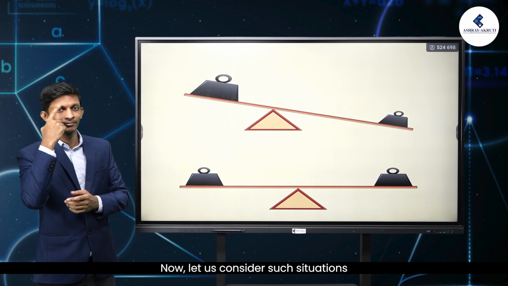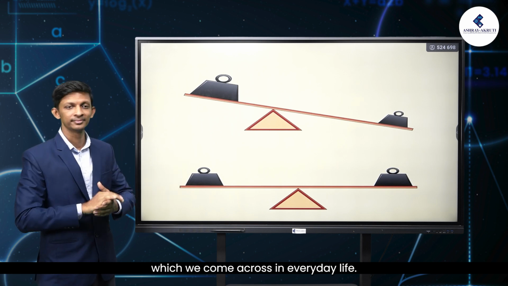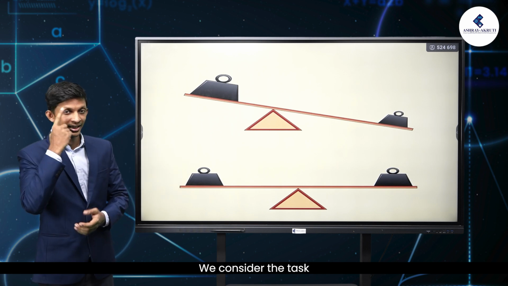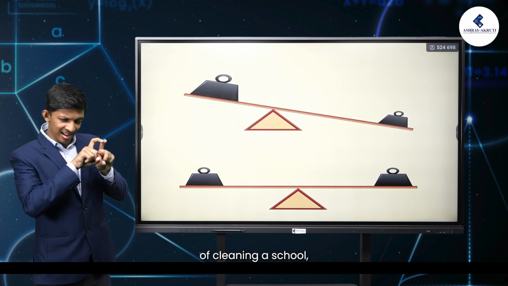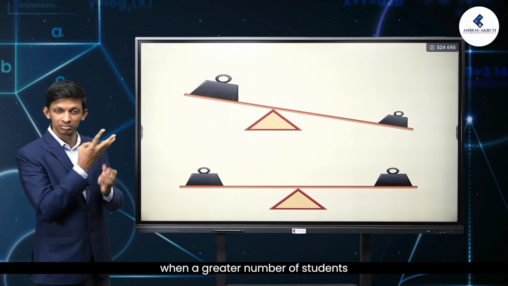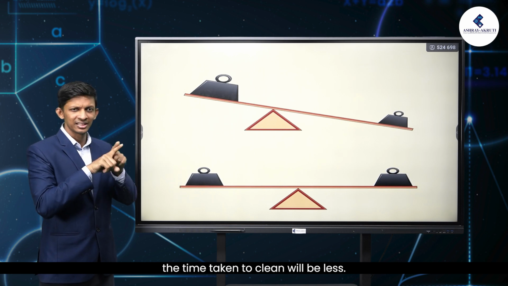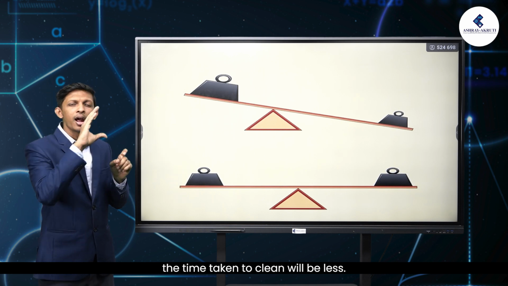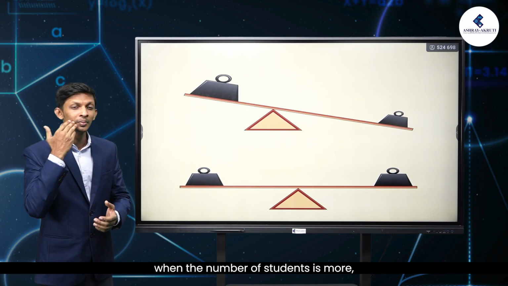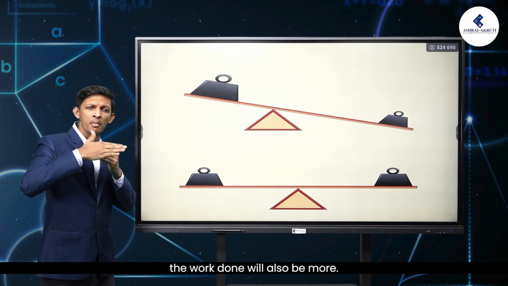Now, let us consider such situations which we come across in everyday life. We consider the task of cleaning a school. When a great number of students are involved, the time taken to clean will be less. When the number of students is more, the work done will also be more.